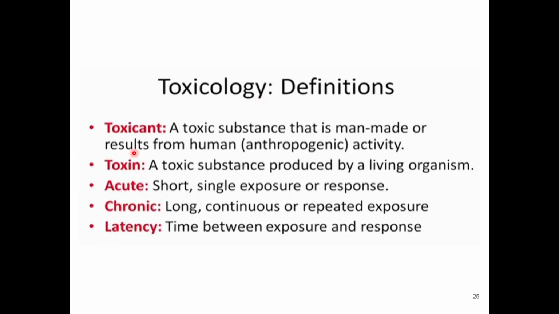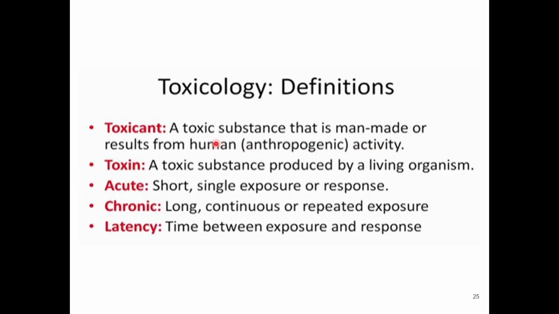So in toxicology, there are various associated terms. Let us see their definitions one by one. One is toxicant, one is toxin, and then acute, chronic, and latency. These are common in other topics also, but toxicant and toxin are some of the main definitions we have to understand in toxicology. A toxicant is a toxic substance that is man-made or results from human or anthropogenic activities.